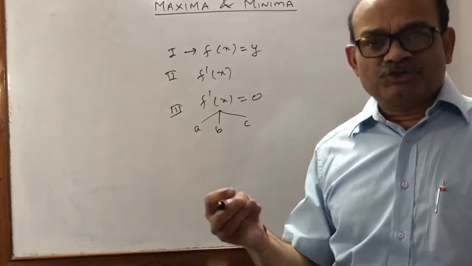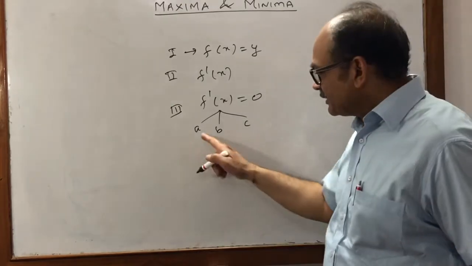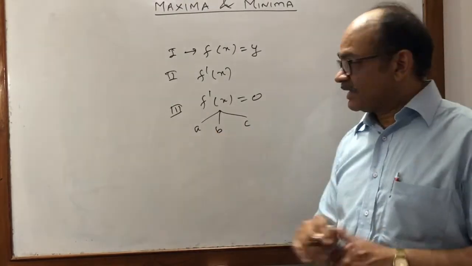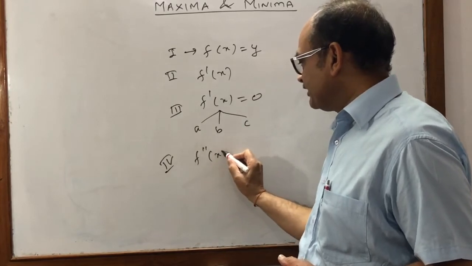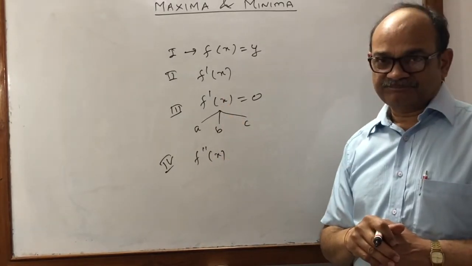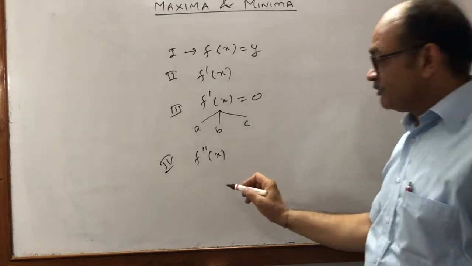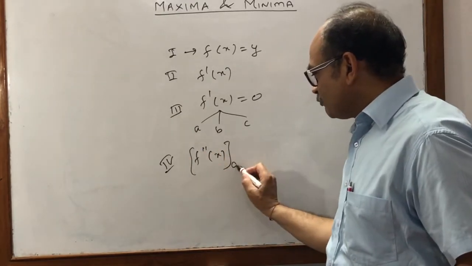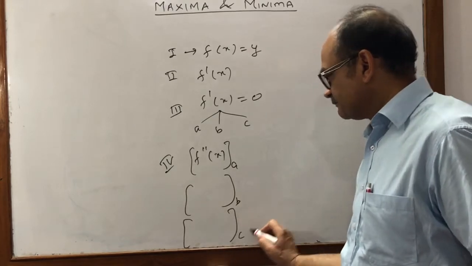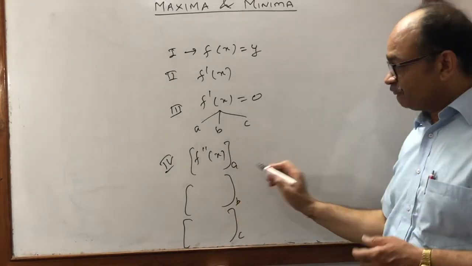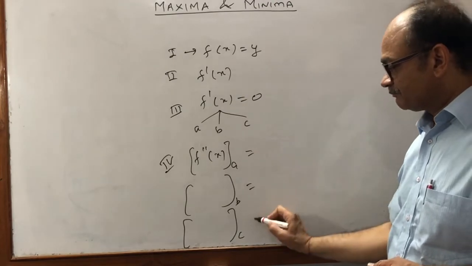These are the 2 or 3 or 1, whatever the critical points A, B, C. And then the fourth step, you have to calculate the double derivative of the same function. And in this double derivative, you have to apply 1 by 1 A, then B, and then C. In the same function, you have to put the critical points 1 by 1.